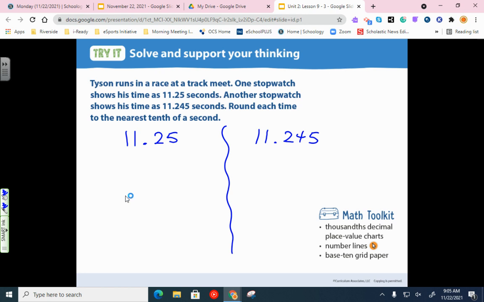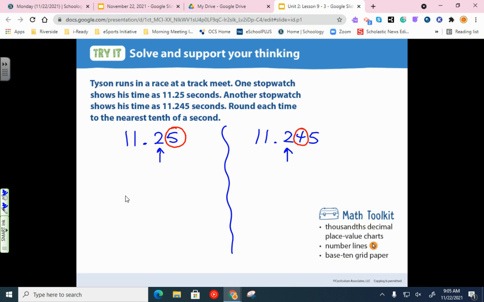So a lot of times what I'll do is I'll draw an arrow to what place value they want to round to. So for these, let's draw an arrow to the 2 in this first time and the 2 in the other one. And I also like to circle the number right next to it, because the place value to the right is what determines how you round it.